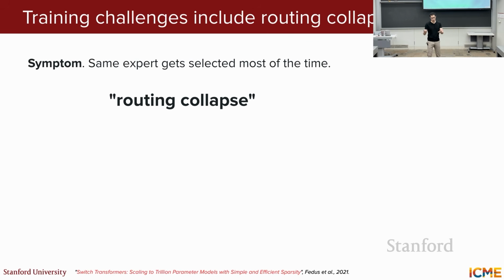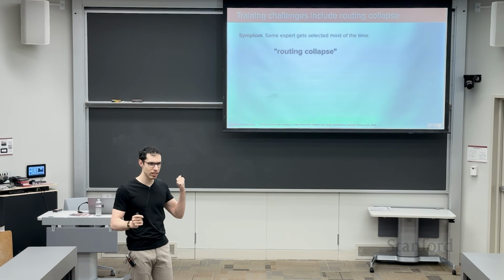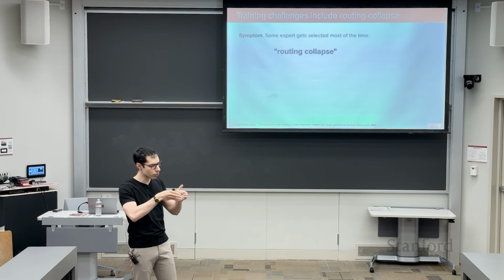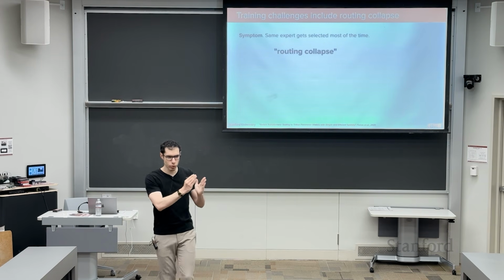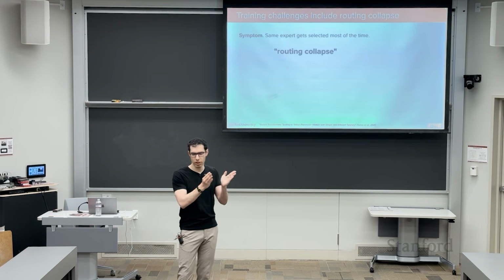Because it's very possible that you train your model and somehow only, I don't know, 1 or 2 experts always get activated, and the others are always inactive, never involved in the computation. This problem is called routing collapse. Why is it called routing collapse? It's because the router always chooses some experts, but not others.